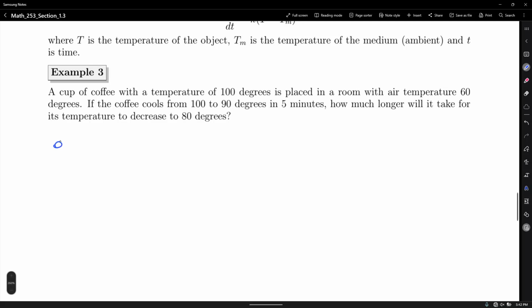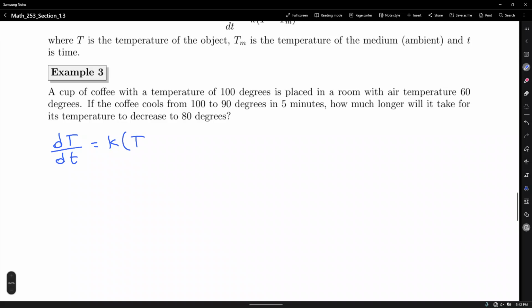So number 1, dT/dt, I know it's different t's, equals k times whatever the temperature of the object is, because in this case the temperature of the object is the one that changes. That's the variable here.